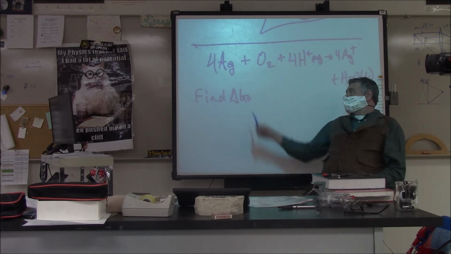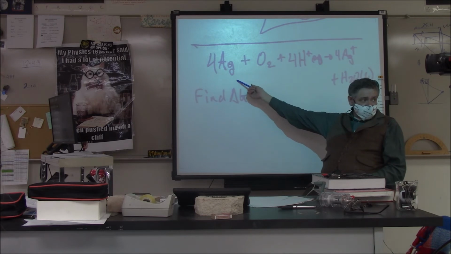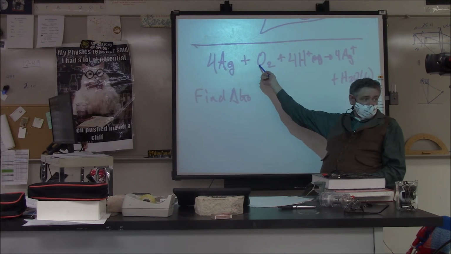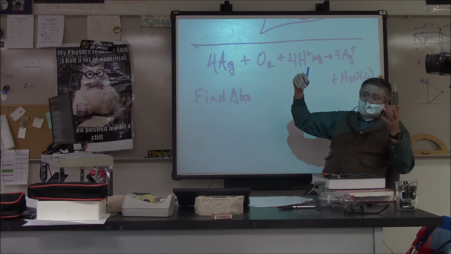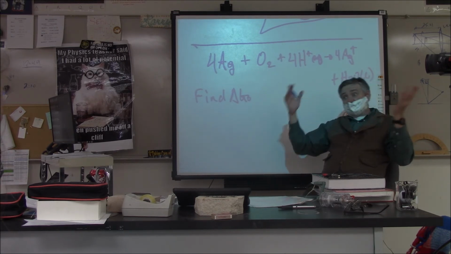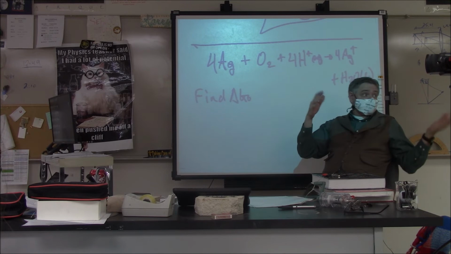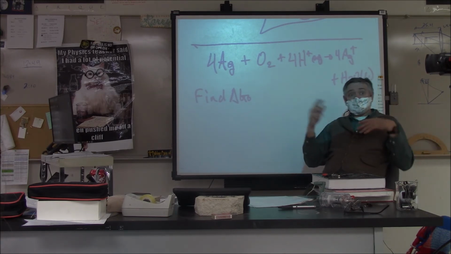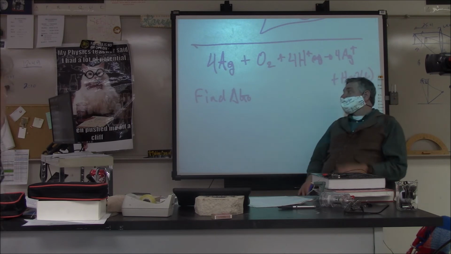So basically, I drop a piece of silver into an acidified solution, and I'd bubble some oxygen gas through it. Or I could just let it sit outside, because we got a bunch of oxygen in the air, and the same thing would happen. Not as quickly, okay, as if I just bubbled the oxygen through it.